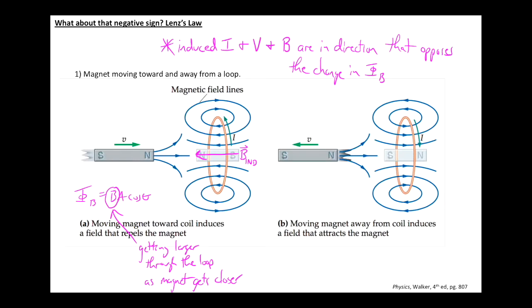From there, we can use the right-hand rule to determine which direction current must be flowing around the loop, right? So I can take my thumb and point it in the direction of the magnetic field through the middle of the loop, and you can see my fingers wrap around this way, which is the same way they've drawn the current there. It sort of goes away from you at the top of the loop and goes like this. Okay?